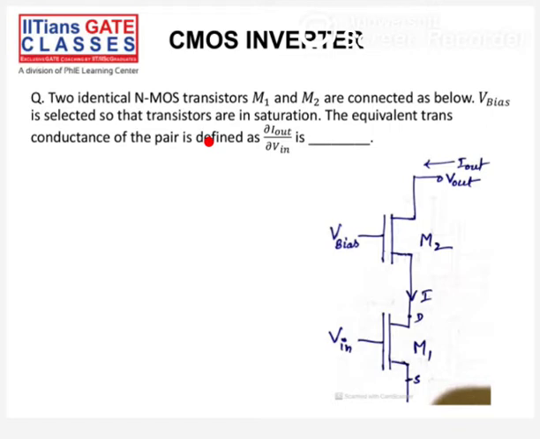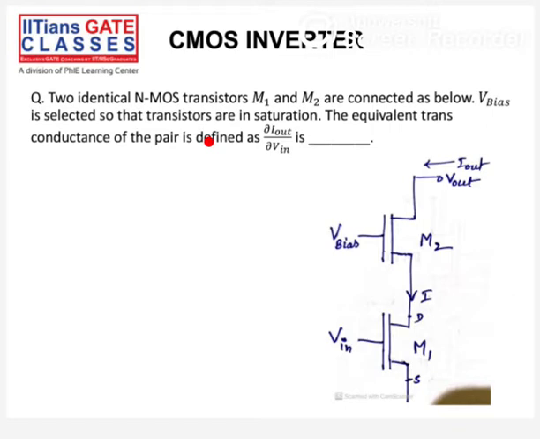Vbias is selected so that the transistors are in saturation. So if we have both transistors in saturation, the equivalent transconductance of the pair is defined as dIout divided by dVin, which is the overall equivalent transconductance.